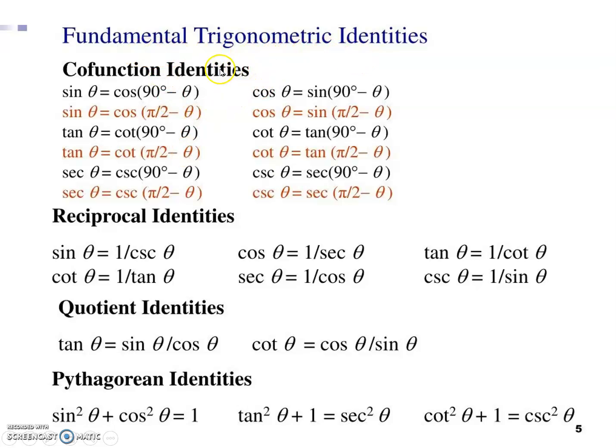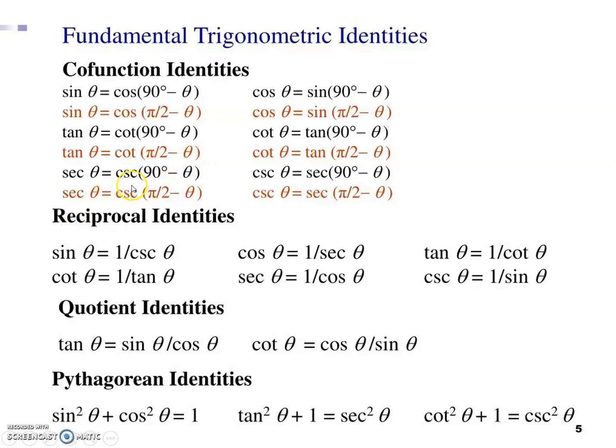Fundamental trigonometric identities, cofunction identities: sin theta equals cos of 90 minus theta, cos of pi by 2 minus theta. Tan theta equals cot of 90 minus theta, cot of pi by 2 minus theta.